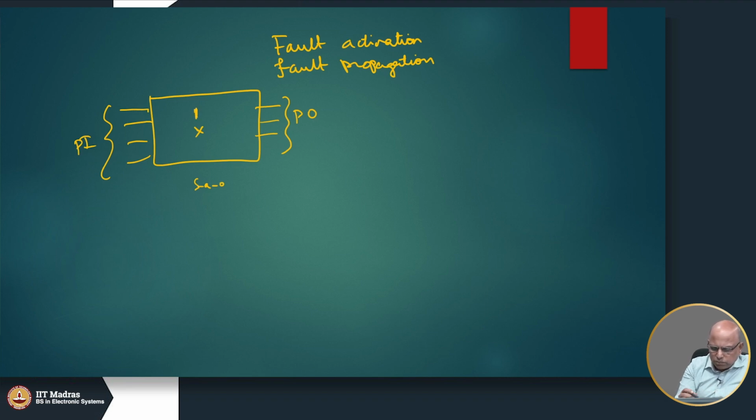So, placing a 1 at the fault site, this is the fault site, some wire, will activate a stuck at 0 fault.